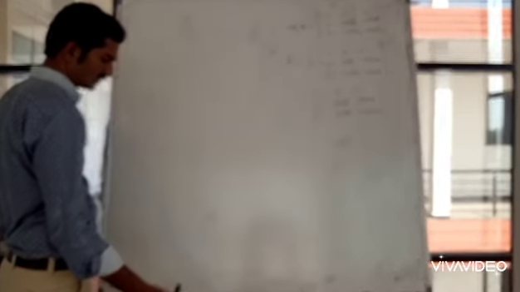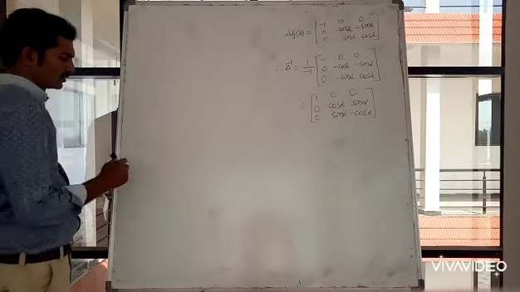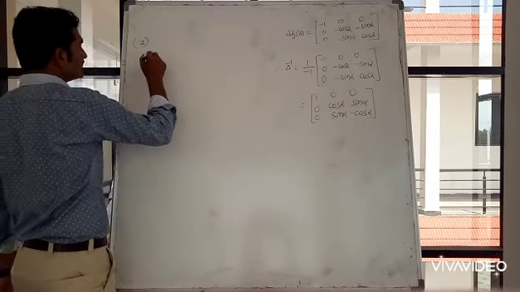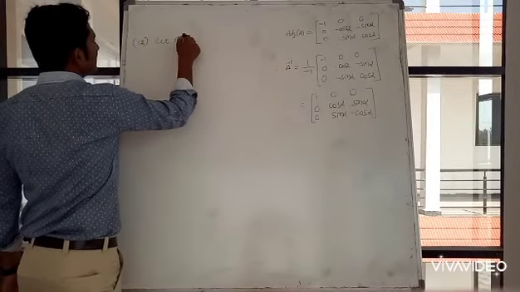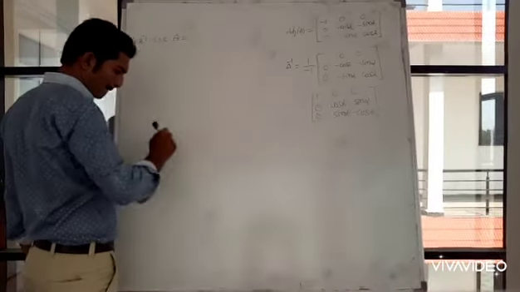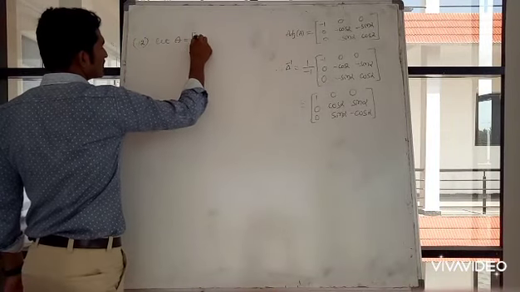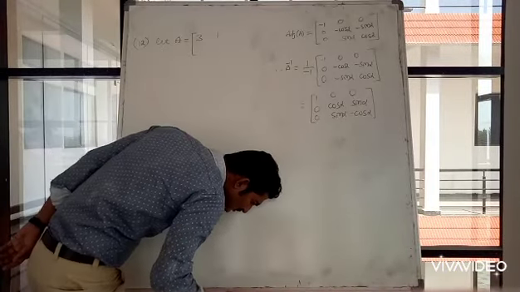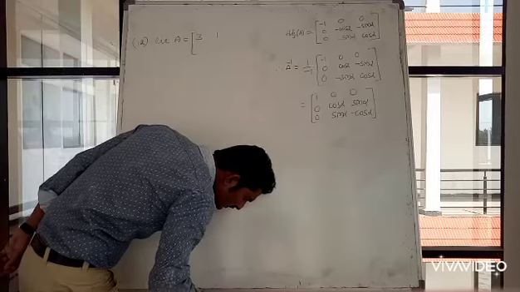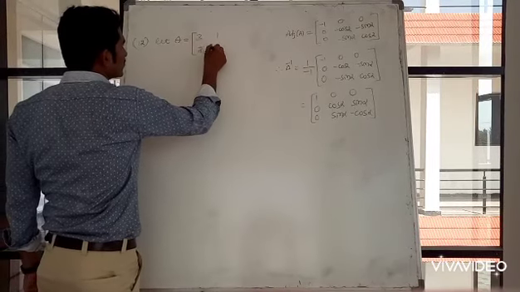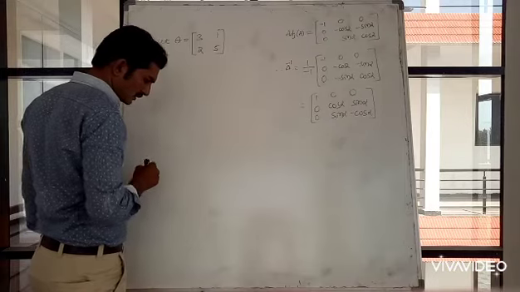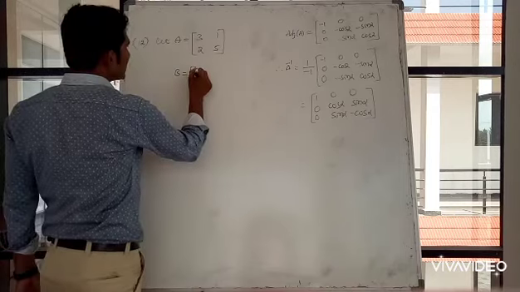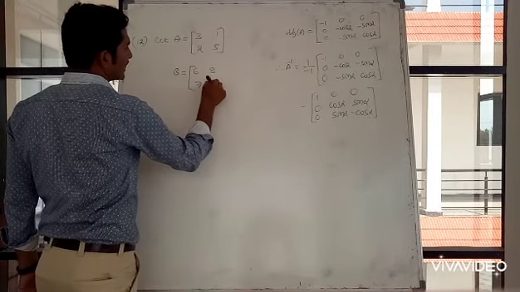Next example we consider question number 12. Let A is equal to [3 1; 2 5] and B is equal to [6 8; 7 9].